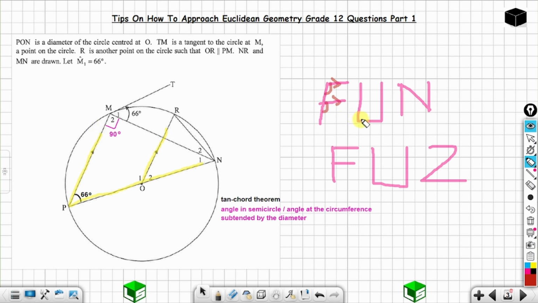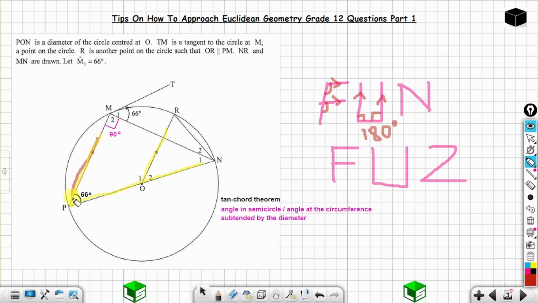You can also have the letter U. You make sure this line is parallel to this line. So this angle plus this angle, you are going to get 180 degrees.